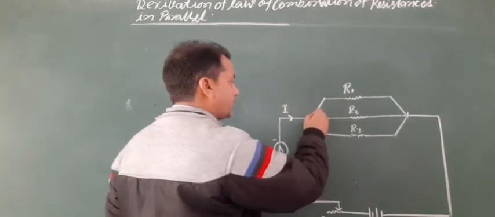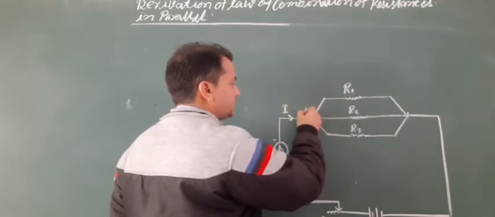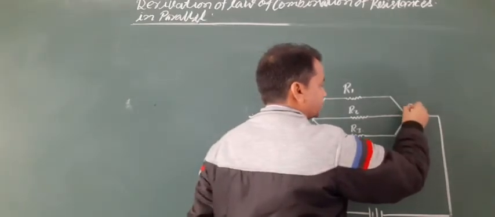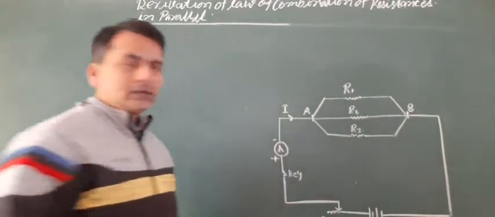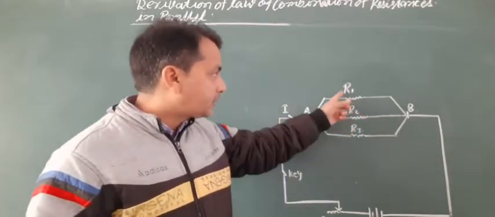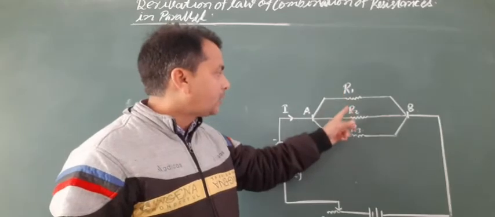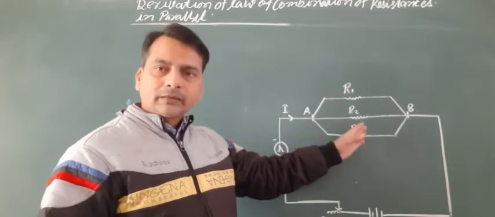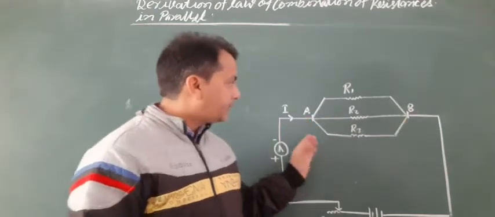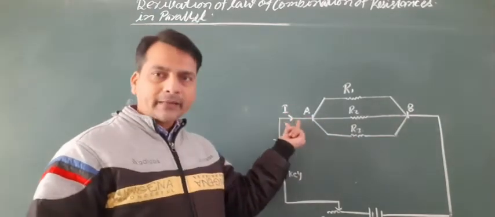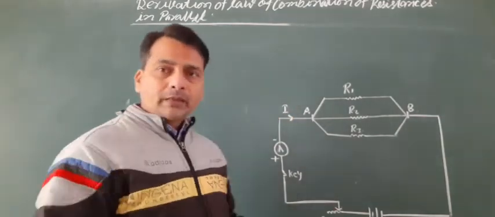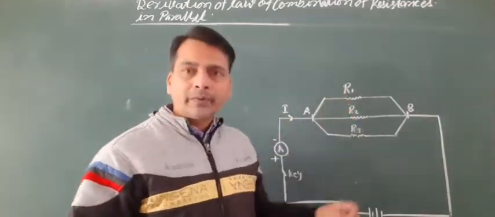Let us consider these points as A and B. All three resistors, R1, R2 and R3, are joined to the common points A and B. Here the net current I is distributed differently in each resistor.